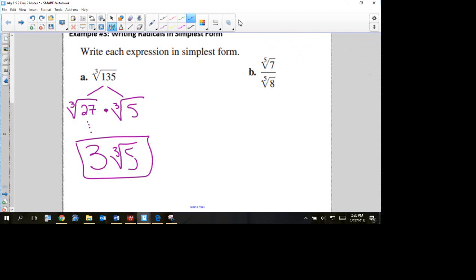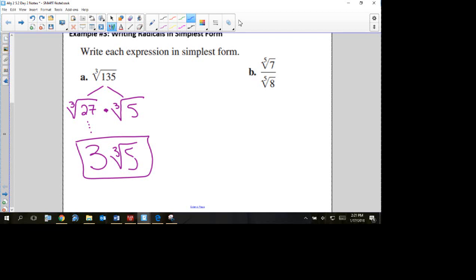You would hope so, except there's this rule that you should have learned in a previous course that a lot of people in my other class have forgotten. You're never allowed to leave a radical in the denominator. The definition of simplest form is that we shouldn't have a radical in the denominator.